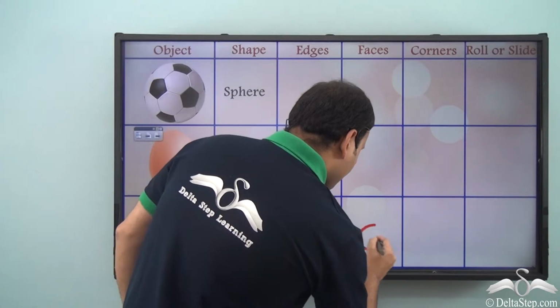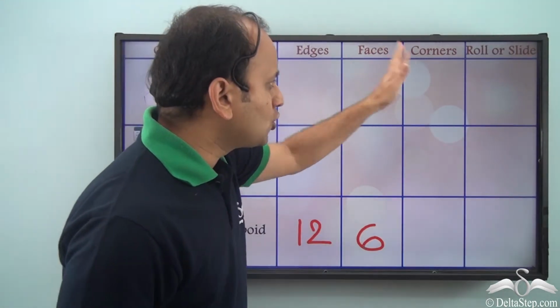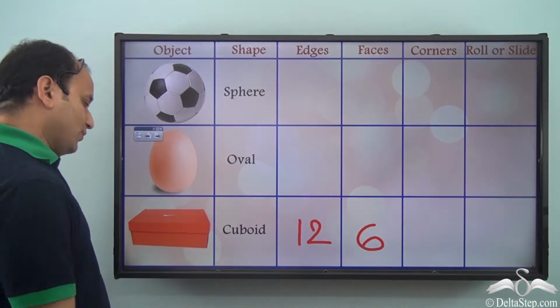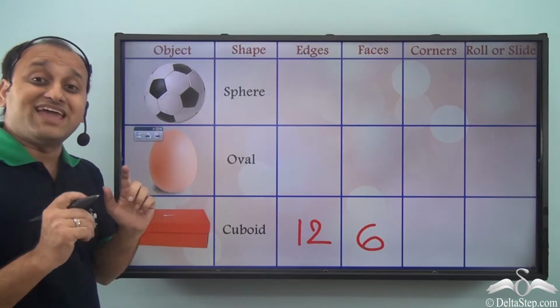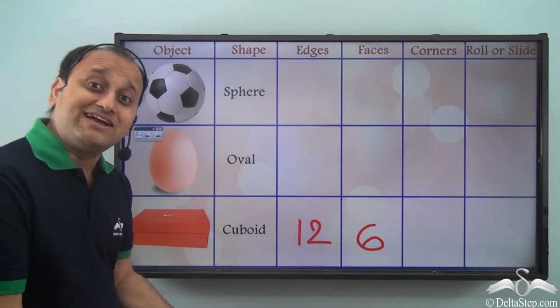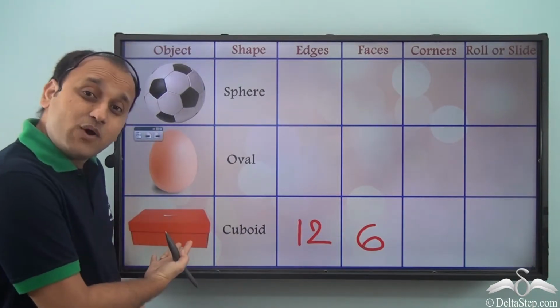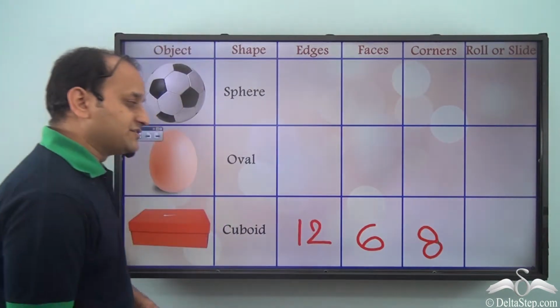Now how many corners do we have? Well, in the case of a cuboid, we know that it has 8 corners. So this box will also have 8 corners because it is cuboidal in shape.